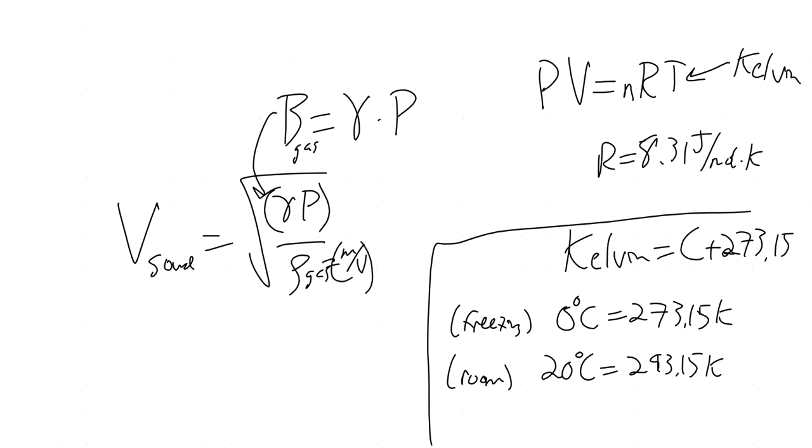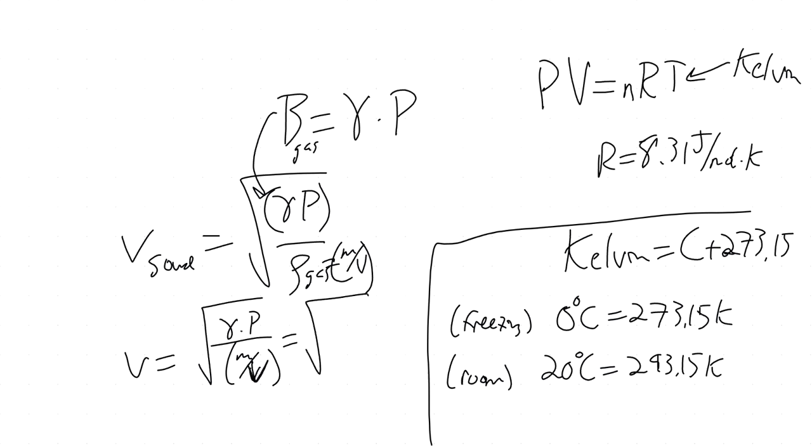So what I get is the velocity of sound, and make sure this is a lowercase v, and this is volume here. The velocity of sound is the square root of gamma times P over m over V, which, if I flip and multiply, is gamma times PV over mass.